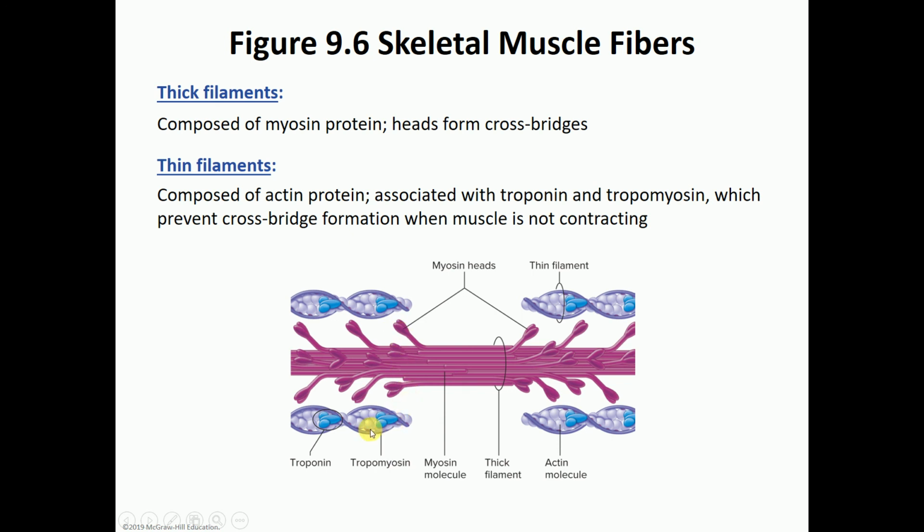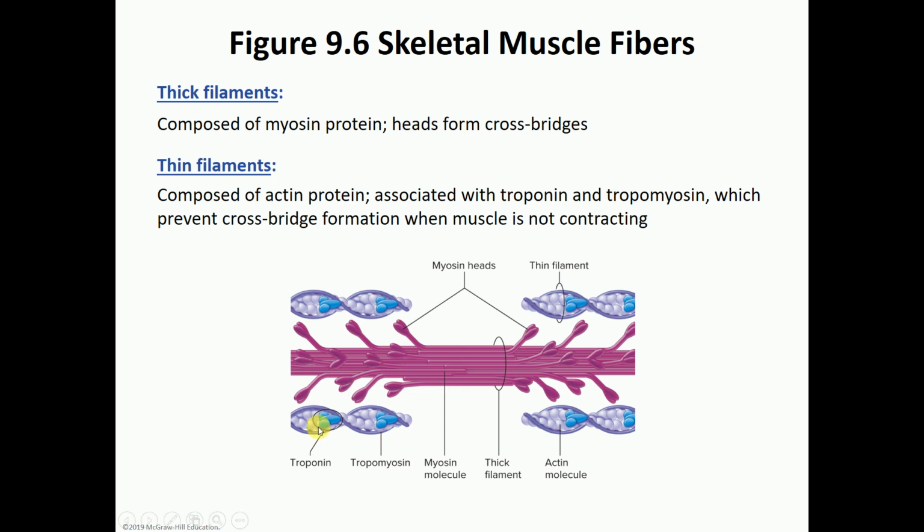Tropomyosin, though, can roll over and move around, so in order to keep it in position, we have these little rocket-shaped structures. That is troponin. In order for a muscle to contract, and this is just a very quick review because we are going to talk about it in detail in another video, when the action potential, the order, comes into the muscle to contract, calcium is released from the sarcoplasmic reticulum.